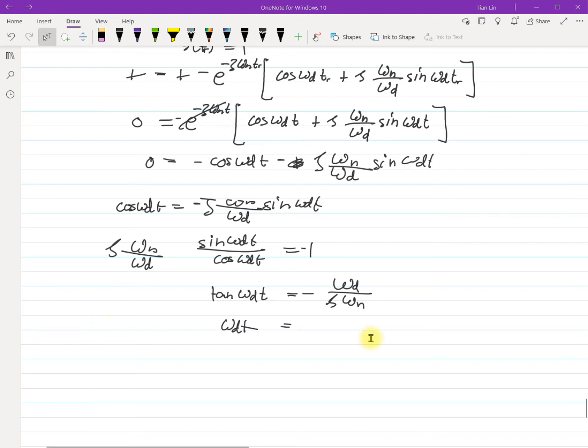So meaning if we take the tangent of a negative, it's equal to the negative of the tangent of its positive value. So we can just remove the negative here, then tangent inverse of omega d all over zeta omega n.